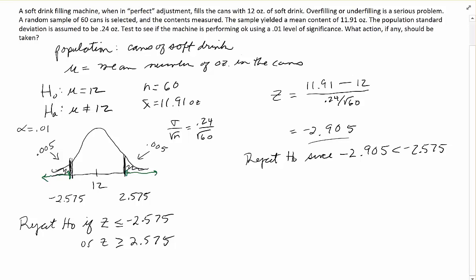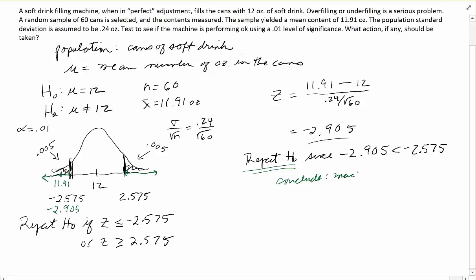So the 11.91 ounces is down here somewhere, because it is a little bit further to the left than my decision line. So it is far enough away from 12 to go ahead and reject H sub 0 and conclude that the machines need to be adjusted.